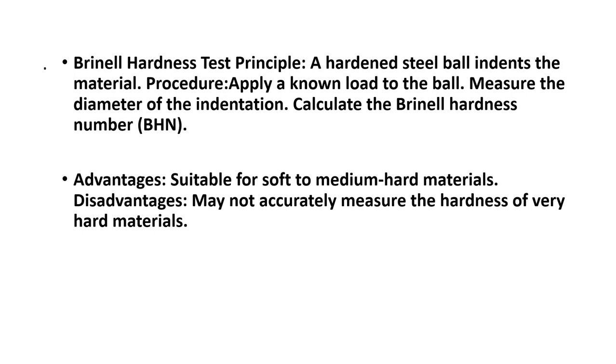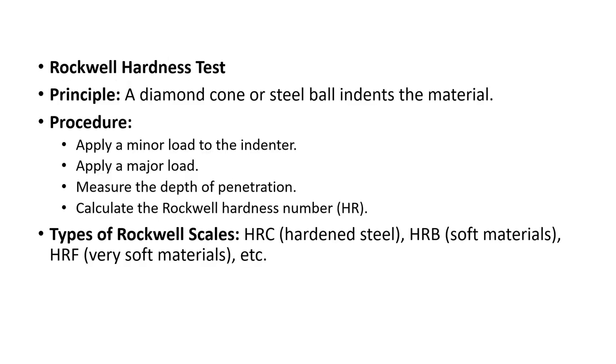That is, it is normally used for soft to medium hard materials. Disadvantage: it may not accurately measure the hardness of very hard materials. In some cases we are doing through hardening, in some cases case hardening. For such purposes, the disadvantage of this system is that it may not accurately measure the hardness of very hard materials. It will not measure the hardness of very hard materials.